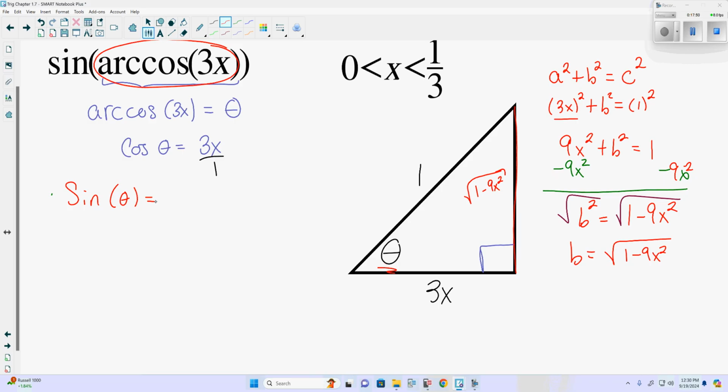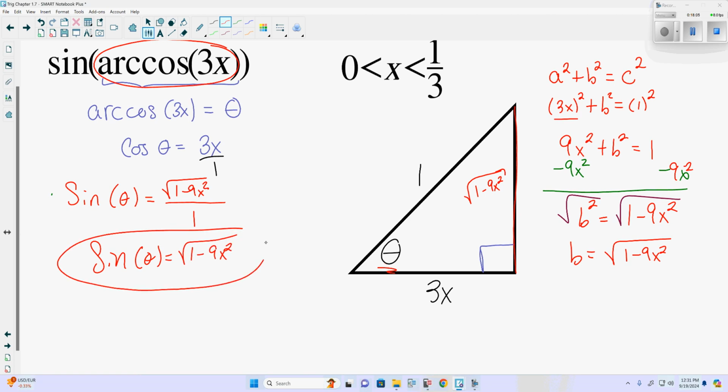Sine's whatever over what? Opposite over the hypotenuse. So sine of theta is just the square root of 1 minus 9x squared. So we set the triangle up to find theta, and we use that same triangle to find sine.